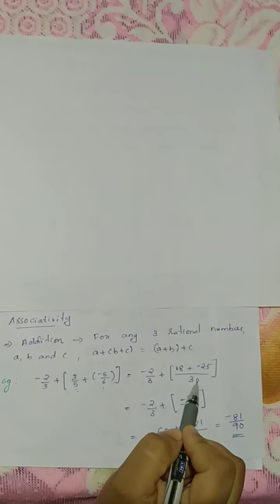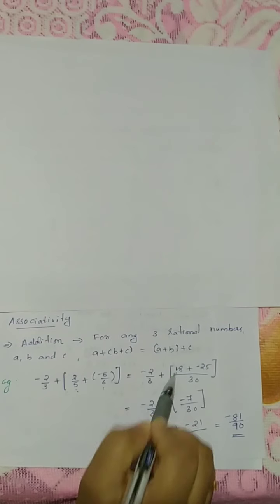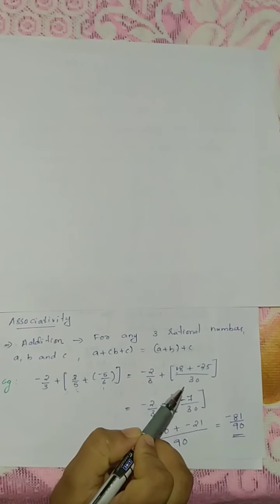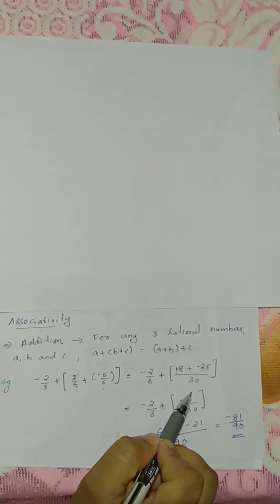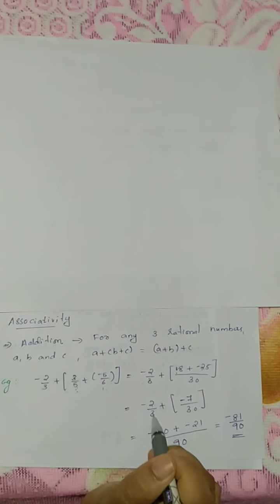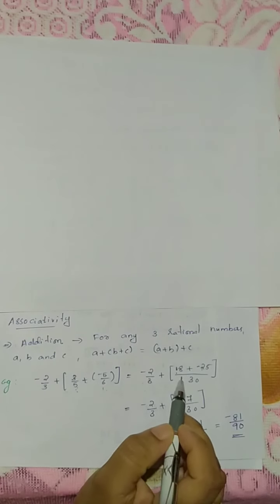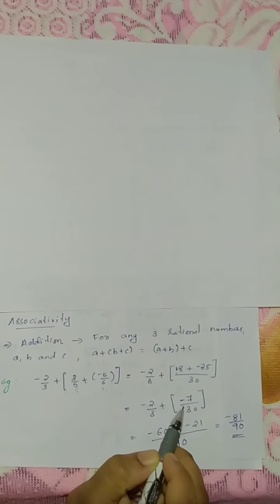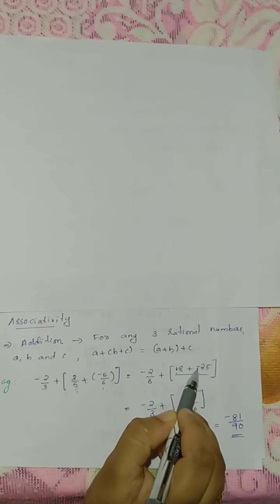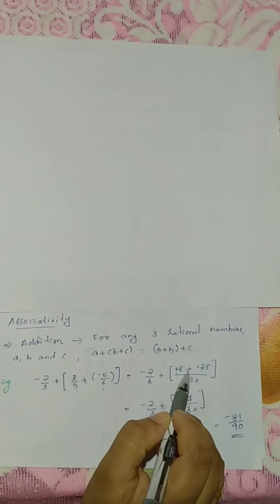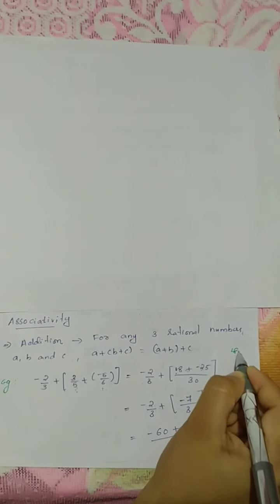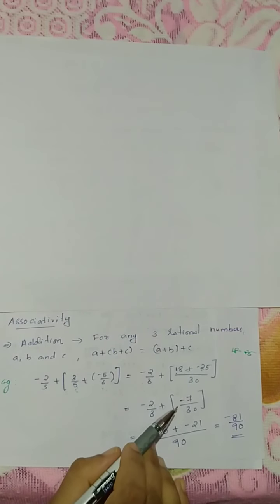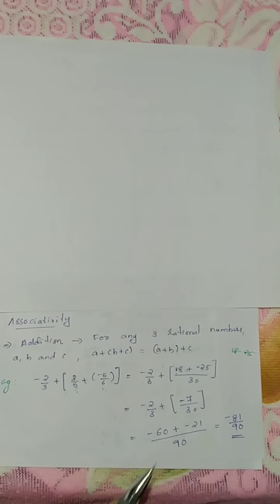That is 3 into 6, 18, plus 5 into minus 5, minus 25, divided by 5 into 6, 30, which is equal to minus 2 by 3 plus (18 plus minus 25) by 30. 18 plus minus 25: 18 minus 25 is minus 7. So minus 7 divided by 30.